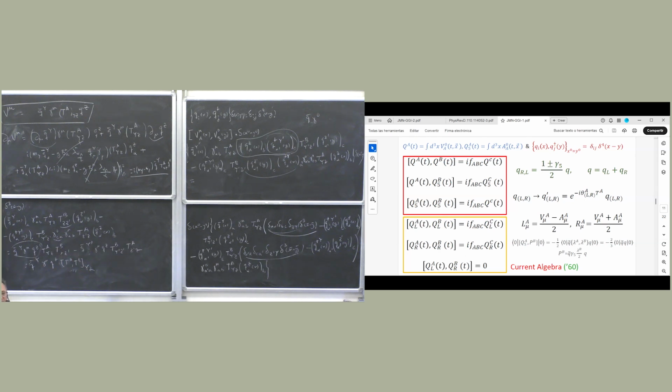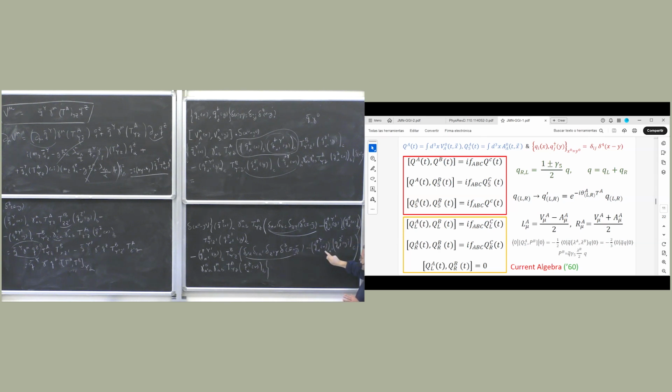Because what is the commutator of T^A and T^B? I F^ABC T^C. Okay? Fine? I think that it doesn't pay off to continue, but I promise you that we have paid attention only to these two contributions.